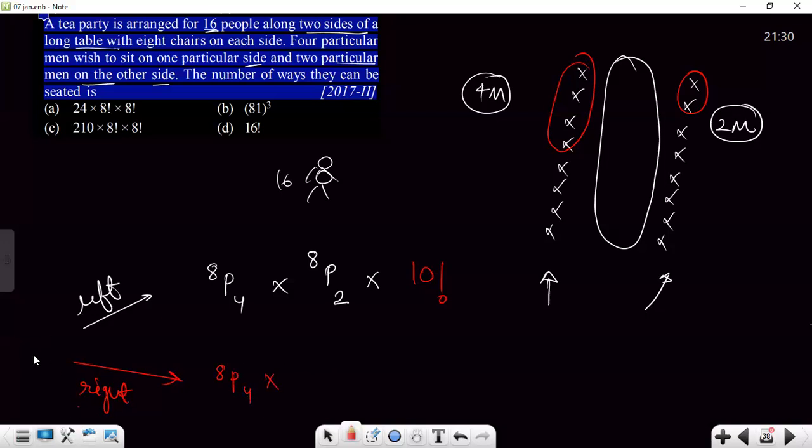Those remaining 2 will sit on the other side, and there will be 8 empty chairs. They can select any 2, and the remaining persons can arrange themselves. So these are 2 scenarios, independent both times. If they are independent, we can add them. Since they are the same, we can write 2 as a multiple and then solve.